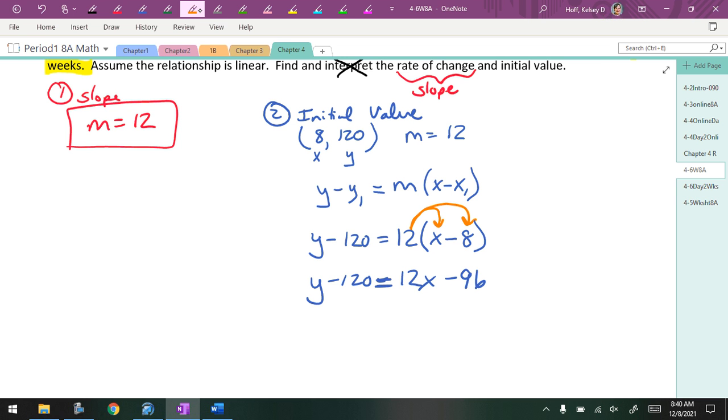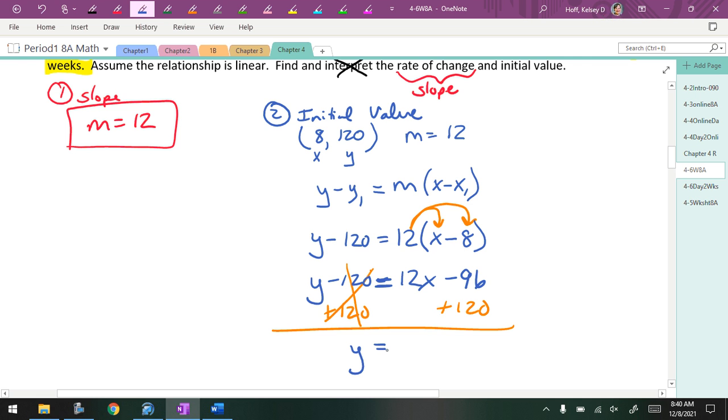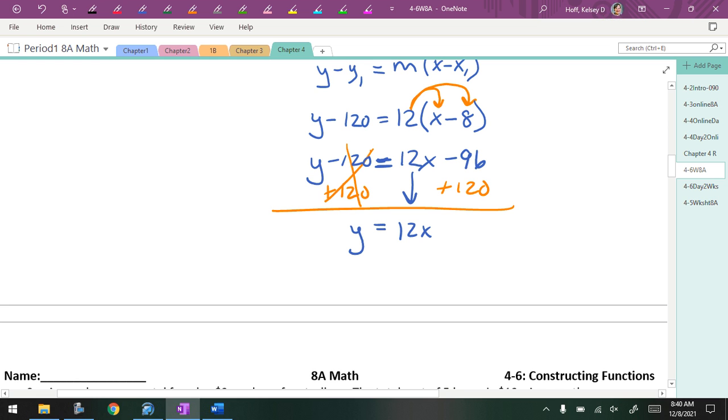Now the last thing I need to do, add 120. Add 120 because we want to get y by itself. Negative 96 plus 120. Positive 24.